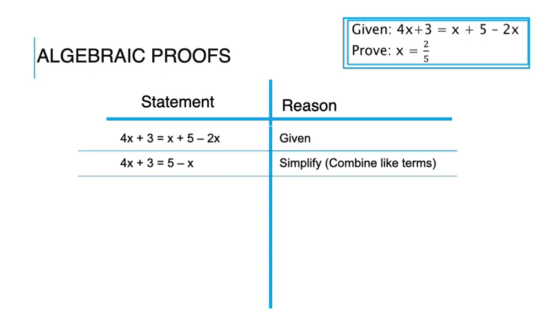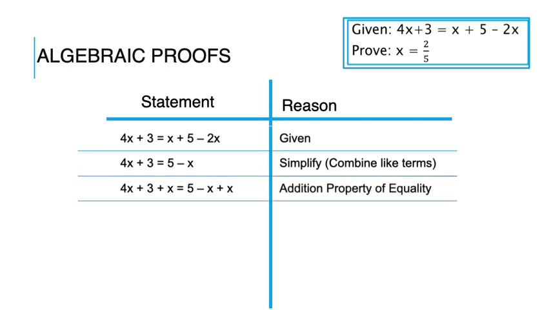So that minus x that's on the right, if I offset that with plus x, and I do the same thing on the other side of the equal sign, that's going to be our next step. So I'm adding x to both sides by the addition property of equality. So 4x plus 3 plus x is equal to 5 minus x plus x, addition property of equality.